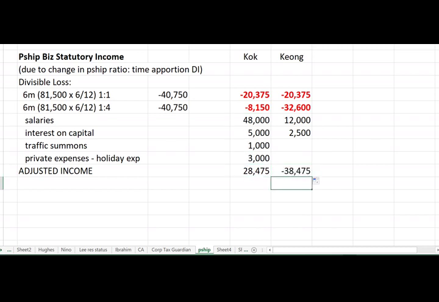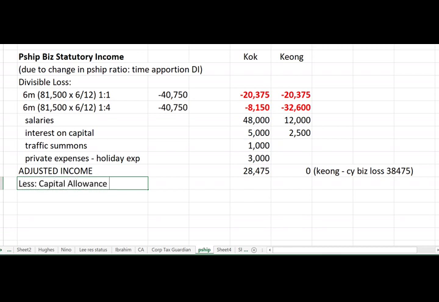So what I'm going to do, I'll tell you, Kyung, you have a current year business loss of 38,475. Now that's for Kyung, so the amount is 0. And then you're supposed to minus off capital allowance. Now the ratio, take note, the ratio is 1:4.